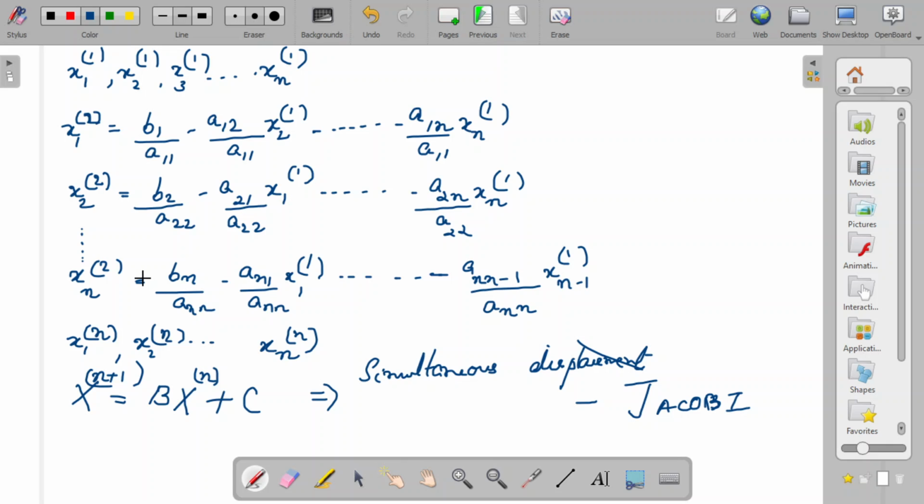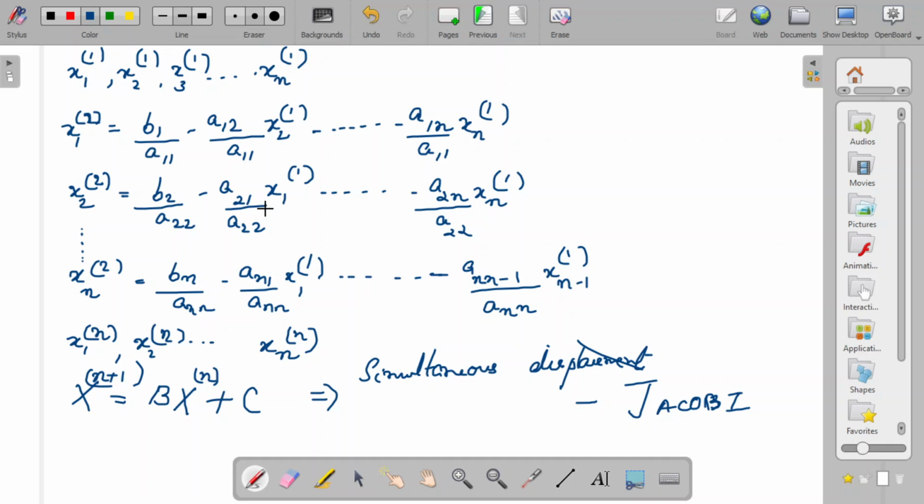But then there is one more easier way. In each step you actually find the second approximate value, that is, using the first set of approximate values for x21, x31, etc. up to xn, you find the second approximate value for x1. Then in the next step you can use this second approximate value for x1.